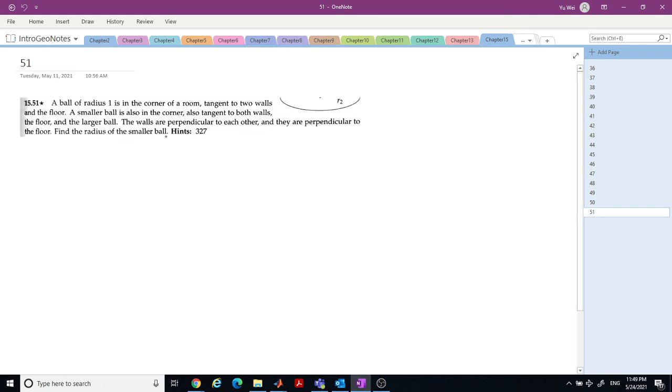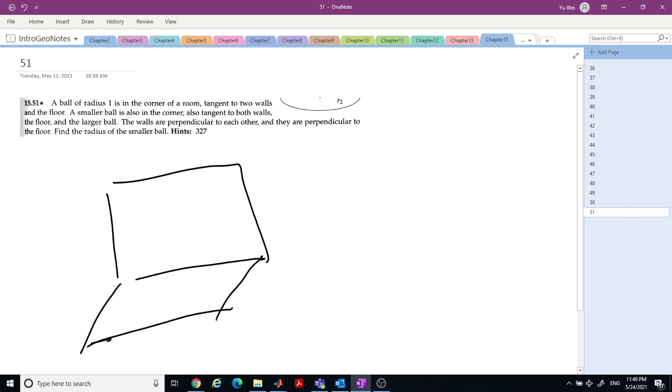So the final one: a ball of radius 1 is in the corner of the room, tangent to the two walls and the floor. So we have two walls and the floor.